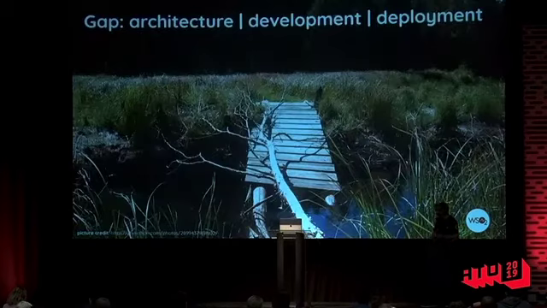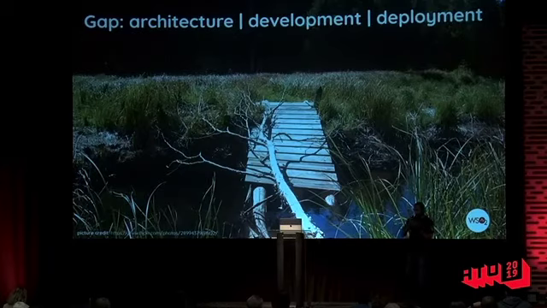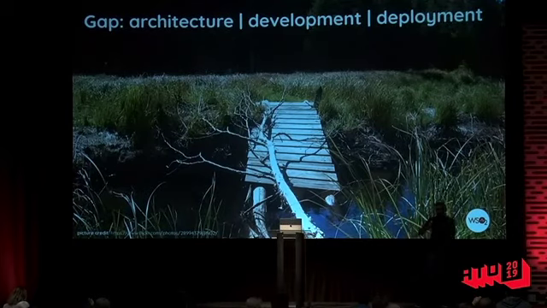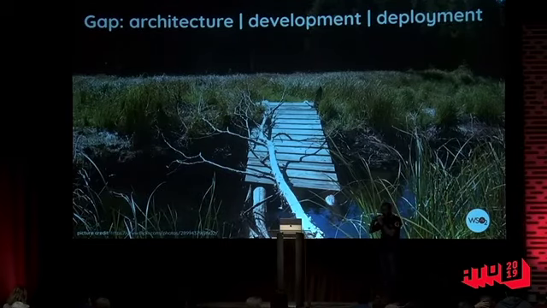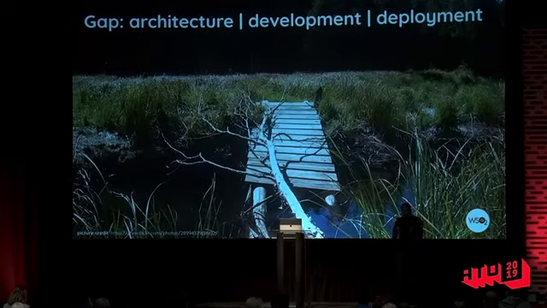Then we found another reason: there's a mismatch, a disconnect, between architecture, development and deployment. An architect will architect something, a developer will go and develop something different, and the deployment engineer or the DevOps person will go and deploy something completely different, because they don't have something common that they can take from the architecture into development and into deployment.